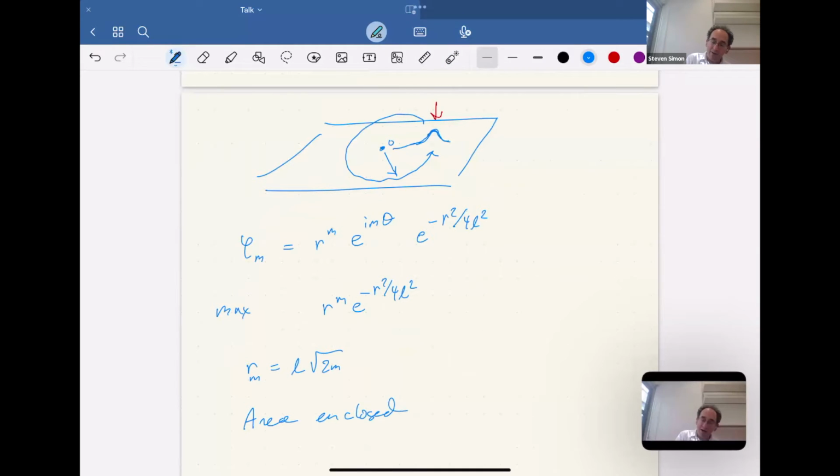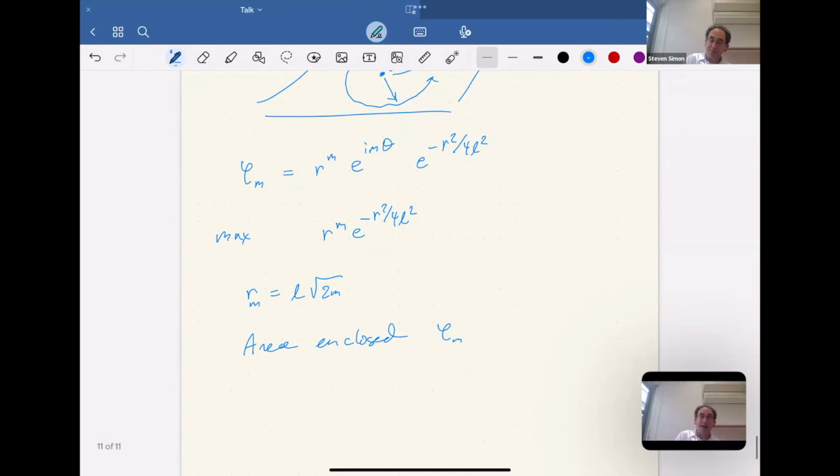by this radius r_m is pi times r_m^2, which is 2 pi L^2 m. This contains m flux quanta.